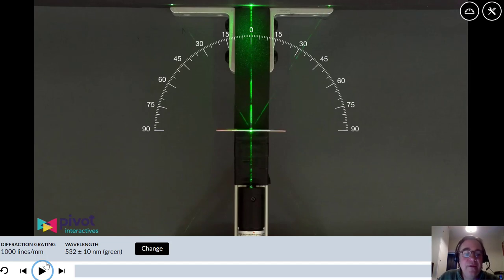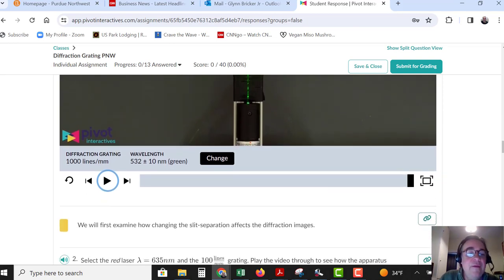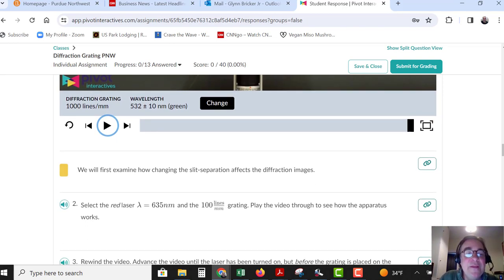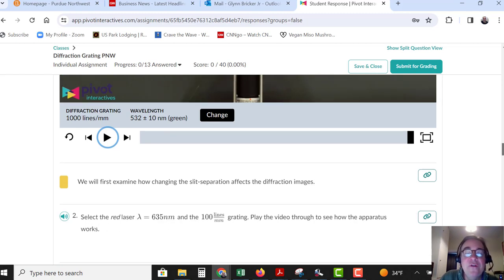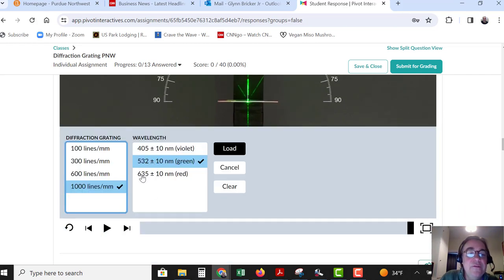Okay, go back to the lab. First, you're going to examine how changing the slit separation affects the diffraction angle. We want to first start with the red laser. So that's 635 and 100 lines per millimeter. 635, 100, load.